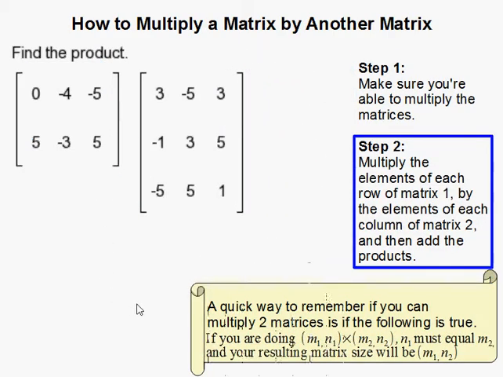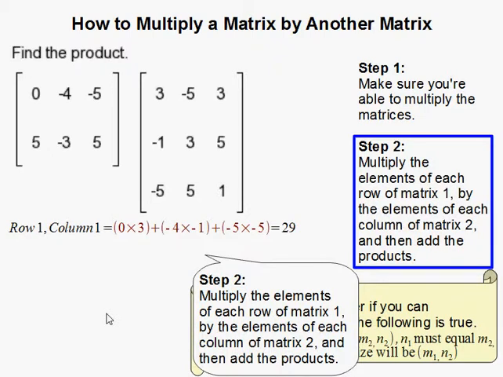Remember, we multiply the rows of the first one by the columns of the second. So the element at row 1, column 1 would be 0 times 3 plus negative 4 times negative 1 plus negative 5 times negative 5. This gives me 29.